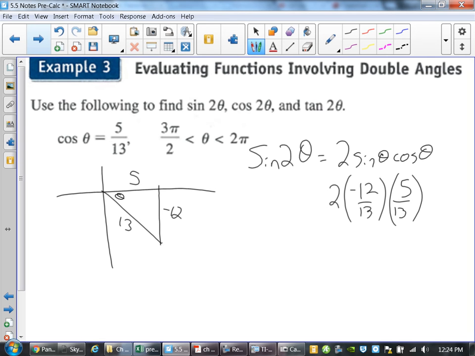What's 13 squared? 169. What's 2 times 5? 10. What's 10 times negative 12? Negative 120. There you go. I don't remember if that simplifies off the top of my head. And I do the exact same thing with cosine double angle. So the formula for cosine, move this up a little bit.